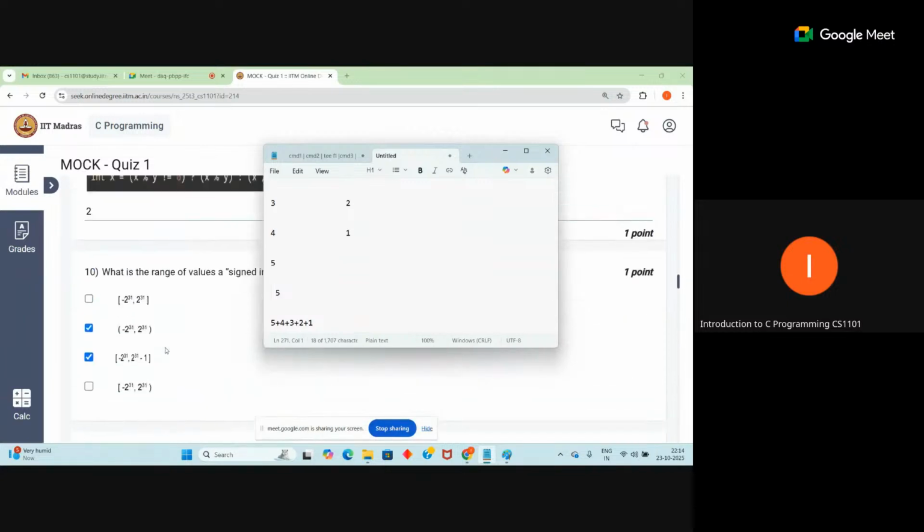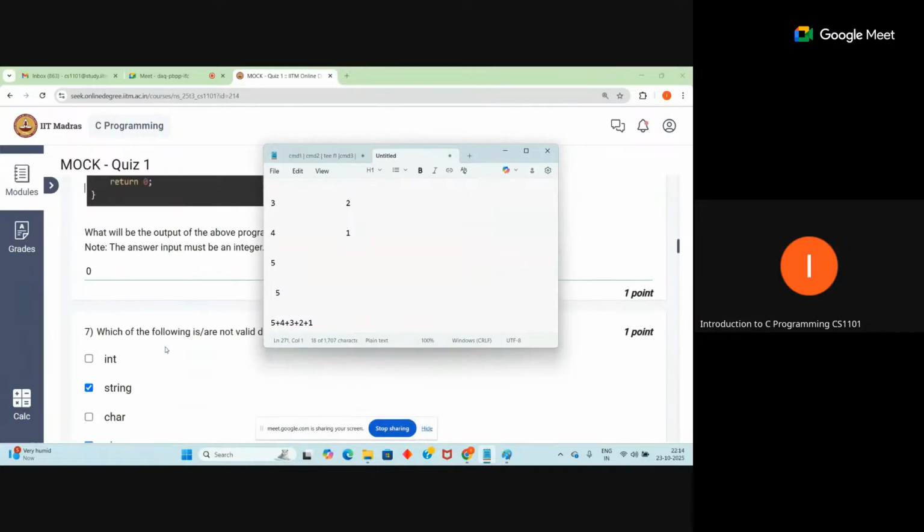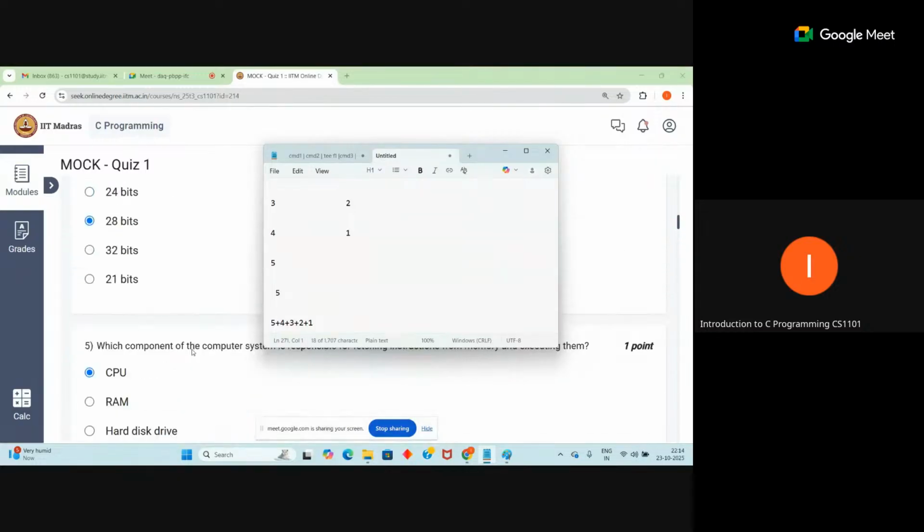Here also nowhere did we use break; only continue came. So the concepts you need to cover in the fourth unit are if, switch, all three loops (for, while, do while), and break and continue. You need to know the functionality of all these, and by using them you should be able to write small programs.